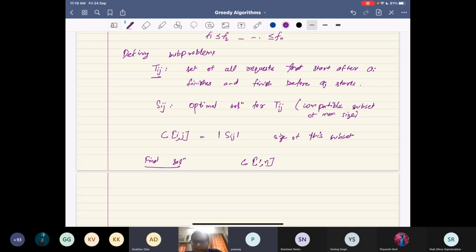Right. The way we have defined Tij, it excludes both Ai and Aj. It is the set of all requests that start after Ai finishes, so Ai is not included, and finish before Aj starts, so Aj is not included. That means if I take C1n, that will exclude A1 and An. So how can I define my final solution then?